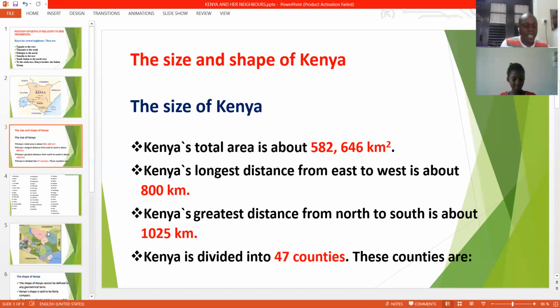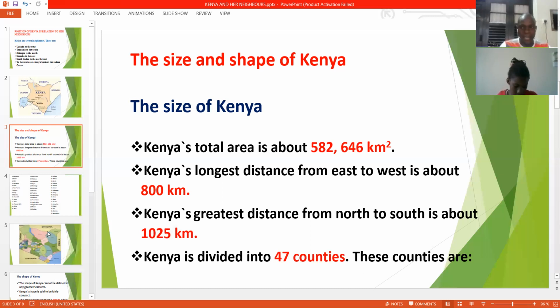What about Tana River? Tana River is just beside Lamu. It is on the west of Lamu, but the position from Mombasa is north. Are you seeing it? Yeah.